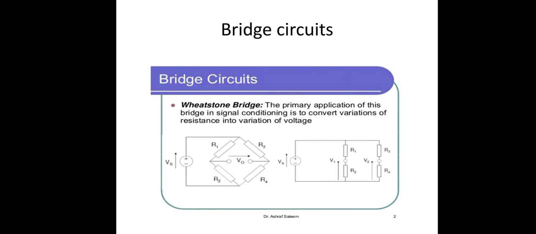Now first we apply the voltage Vs, and 4 resistors are connected in a bridge form: R1, R2, R3 and R4.